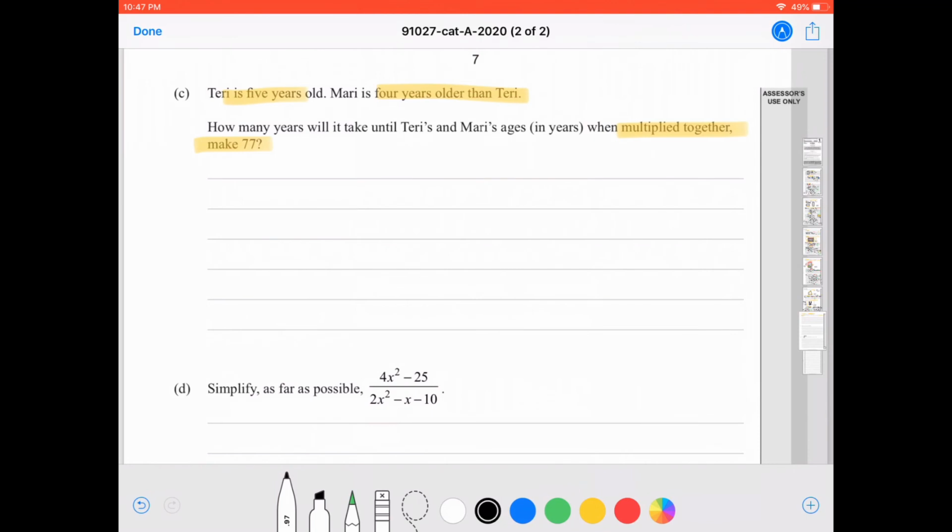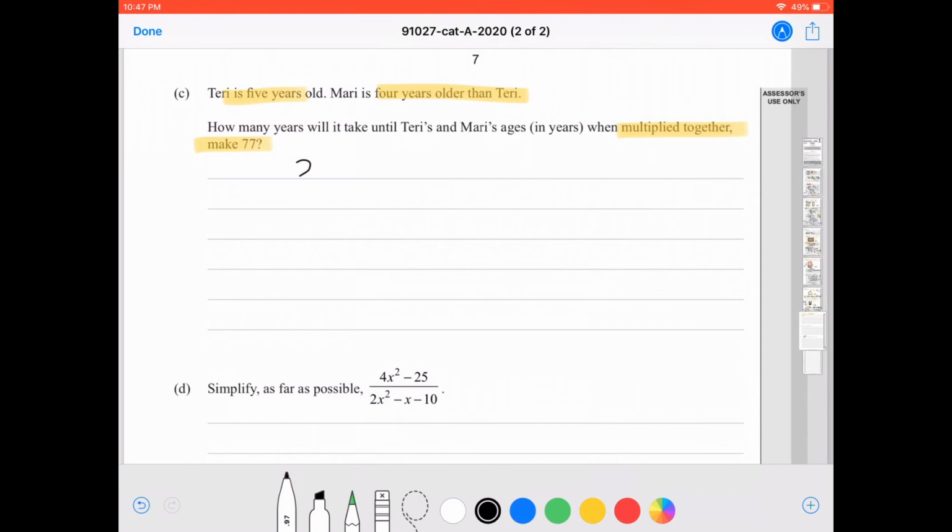Or you could have Terry as 5, and then the age of Murray is 5 plus x. Either way works. Let's say we've got this original age. We'll forget that Terry is 5, and we'll just say Terry's age is x. And so we're multiplying the ages, and Murray's age is x plus 4.